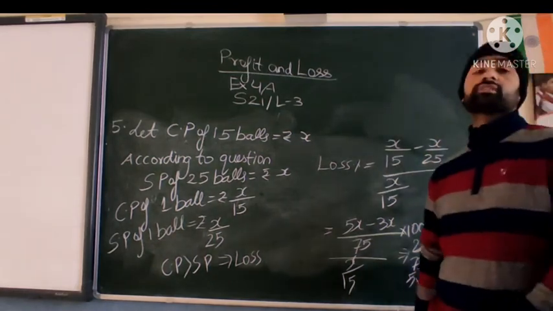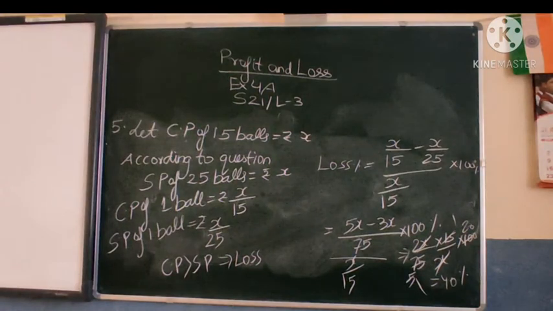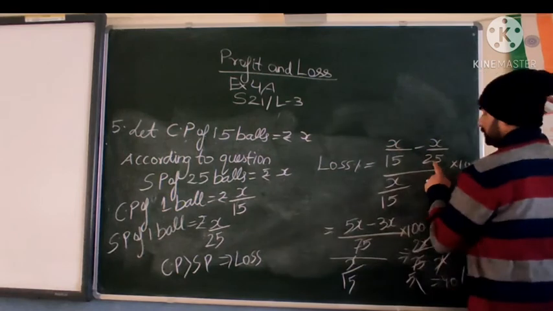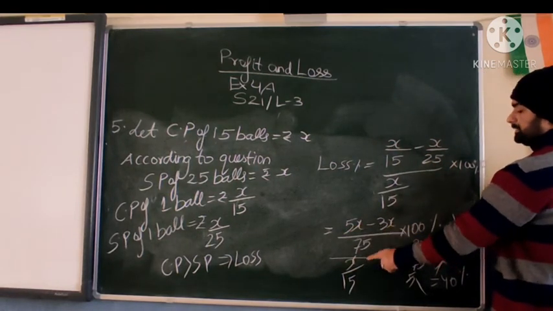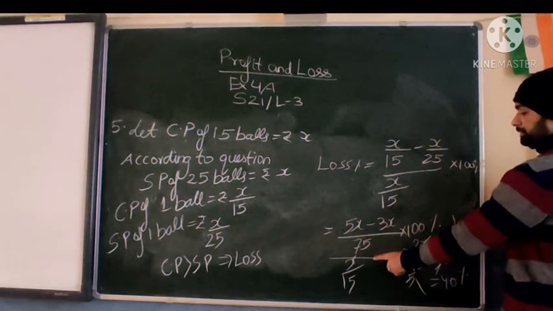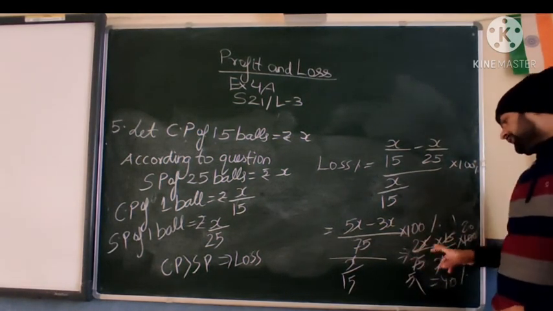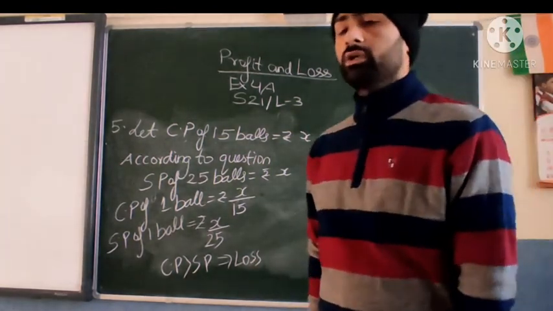You have to calculate the LCM of 15 and 25, which is 75. So 5x minus 3x is 2x, 2x by 75 divided by x by 15, x cancels, and we get 40%. That is the way it is done.